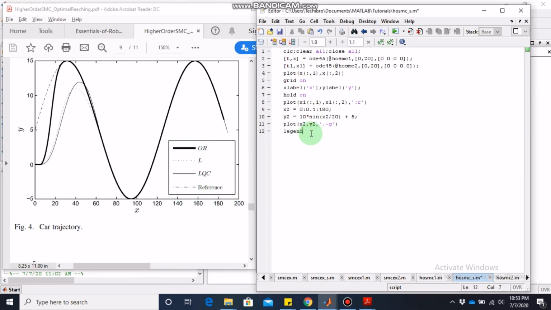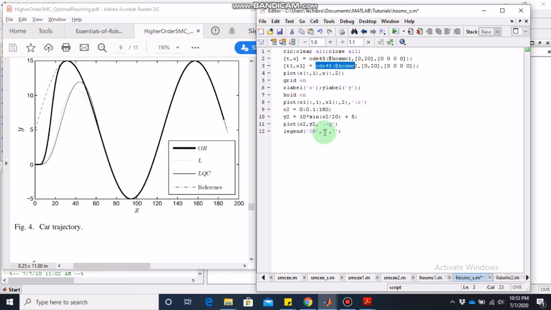We have 3 signals plotted in our code, so we have 3 legends. First we have plotted the x and y states for the optimal OR controller, so the first legend will be OR, and then secondly we plotted the x1 state variables which come from the Levant controller.